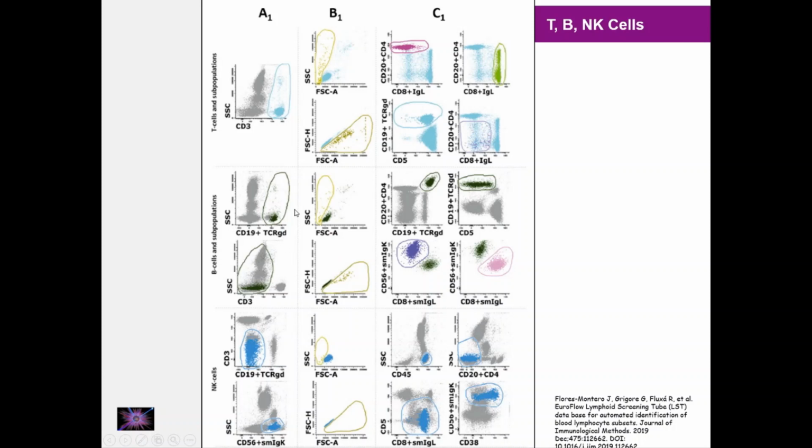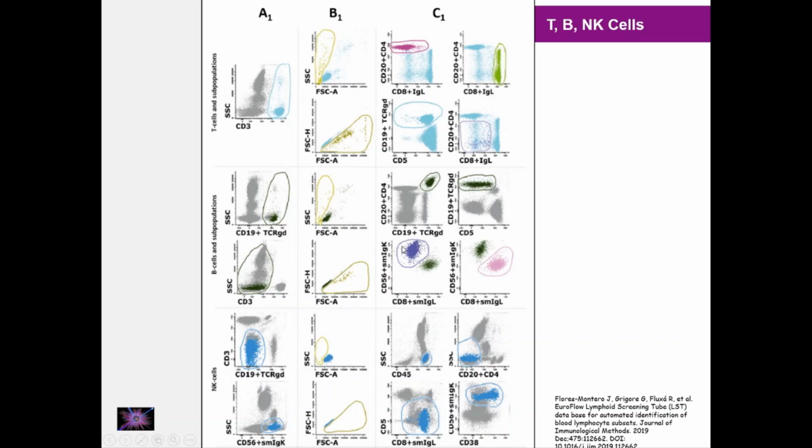The B cells were identified based on their expression of CD19 and being negative for CD3, and also positive for CD20. Most of them, as you can see, are CD5 negative, although a few normal B cells may express CD5.